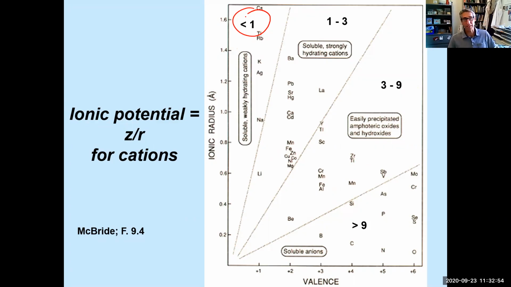So they remain pretty soluble and stay in solution. As we move on to ionic potentials of 1 to 3, these are soluble, strongly hydrating cations, but largely, whether less than 1 or 1 to 3, these are going to either stay in solution or go onto cation exchange sites.